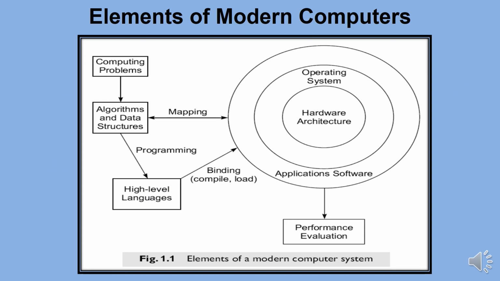Elements of modern computer: hardware, software and programming elements are introduced here. Architecture is not restricted only to hardware. A modern computer consists of machine hardware, an instruction set, system software, application software and user interfaces. It is shown in the diagram.